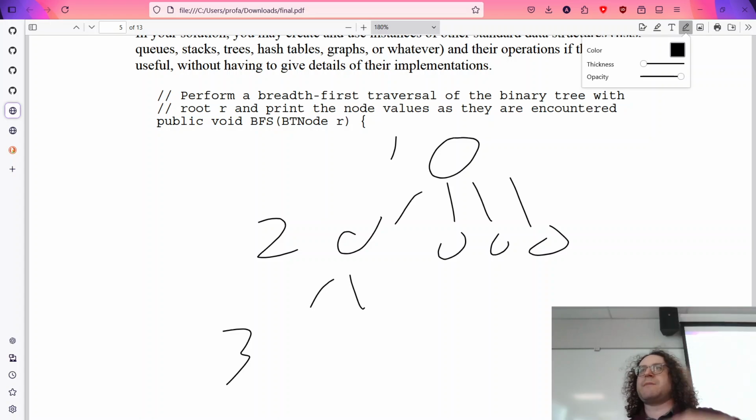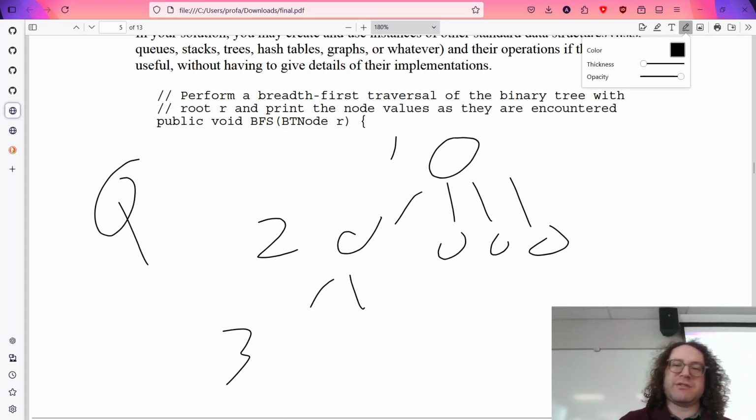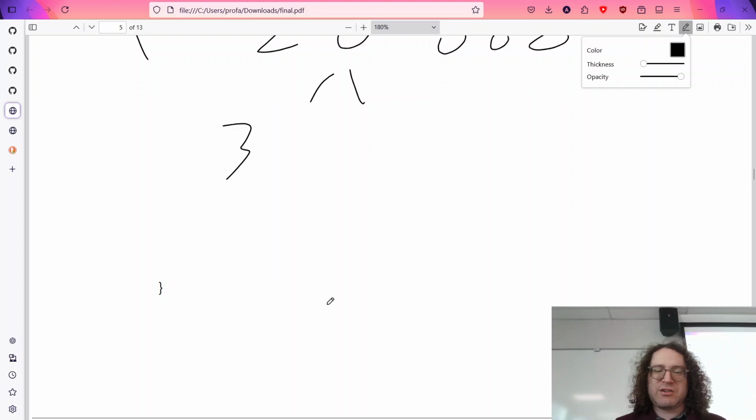So we go through each separate level in order. You can't do that recursively. It just doesn't work. Breadth-first search is not done recursively, if you remember from your graphs, because remember, trees are just graphs. Instead, we use a queue to do that. And remember, queue is spelled Q-U-E-U-E.